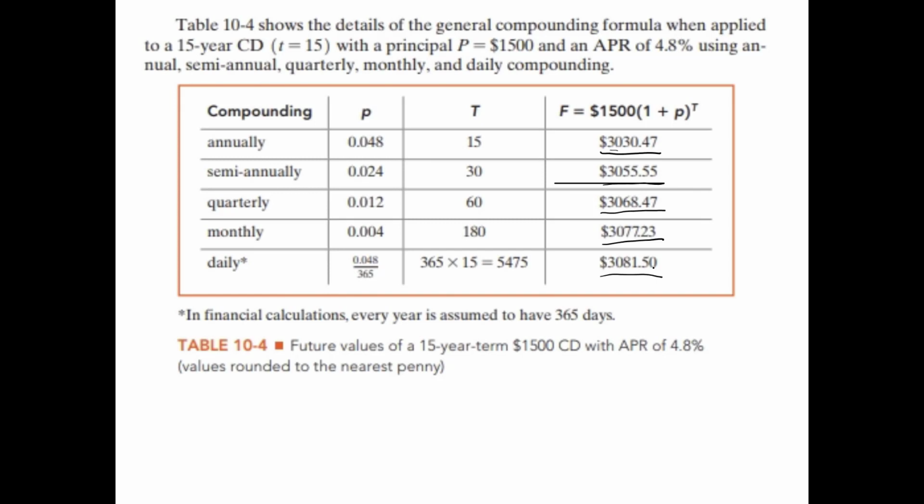And if you tried going every hour or every second, then you would find out that you really wouldn't get that much more. And so this is over a 15-year period, right? And so it seems like there's a limit as to how much you can squeeze out of this.